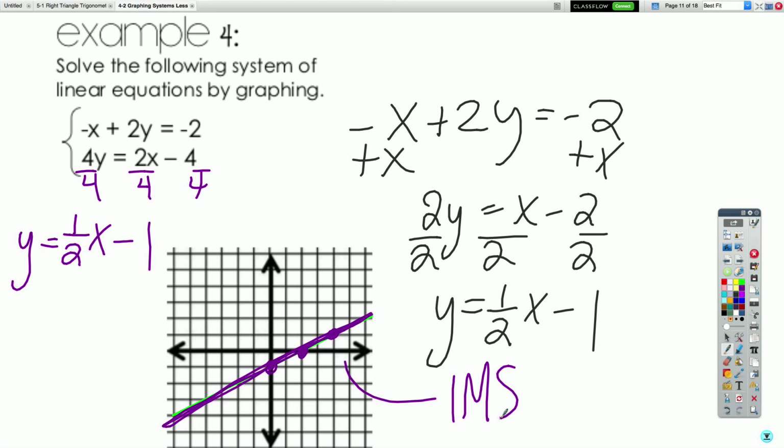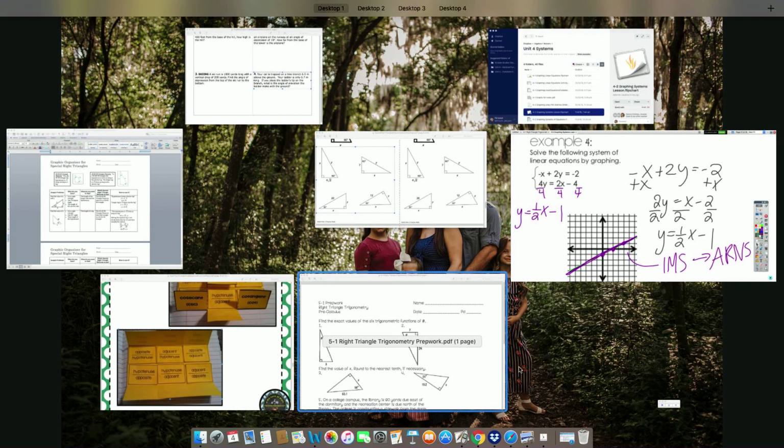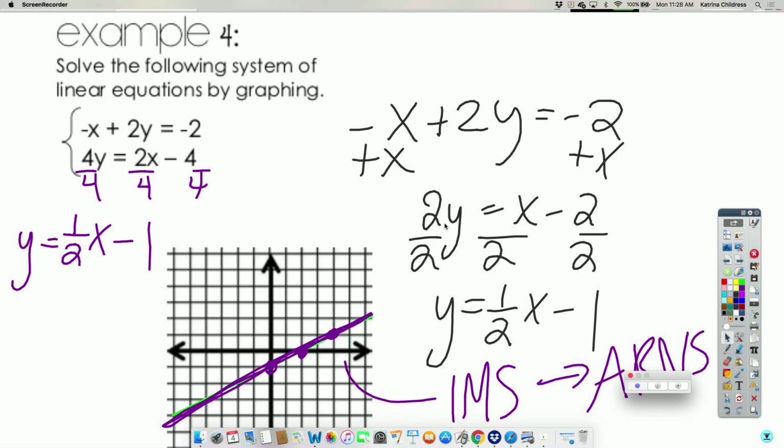We called it something else. When we were doing domain and range, we didn't say IMS. It's all real numbers. All real numbers. Yeah, you could use both. If you put IMS, I'll know what you're talking about.